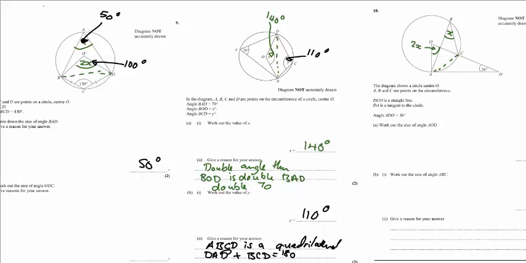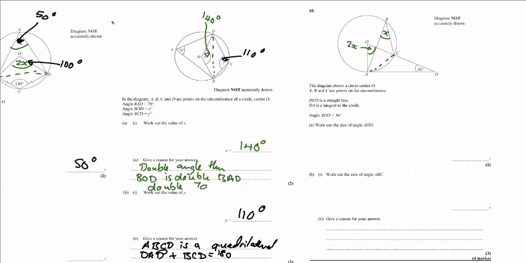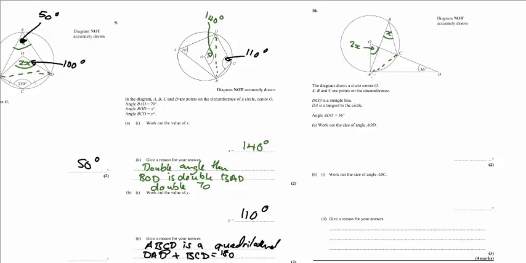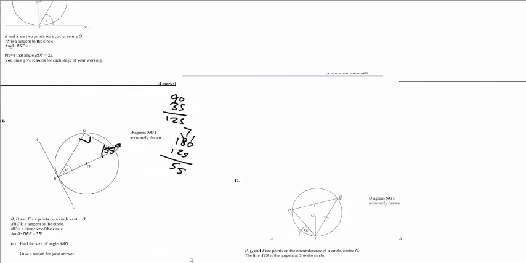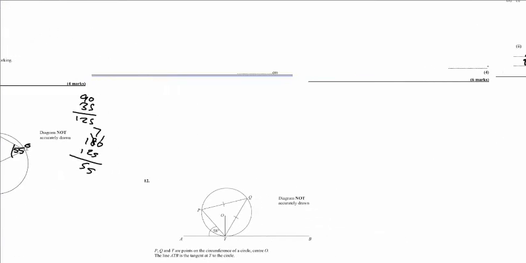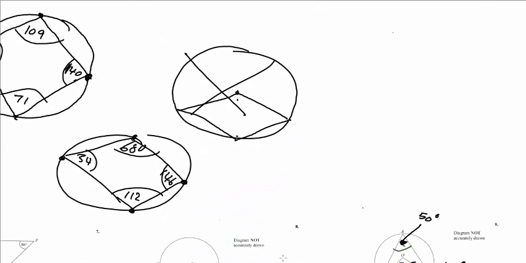Honestly, don't worry too much about the wording, just write what you know, and trust me, you will get it right. This one, no, this one quadrilateral. Is there anything here? Nah, nothing. Alright, so let's move on to the next one.